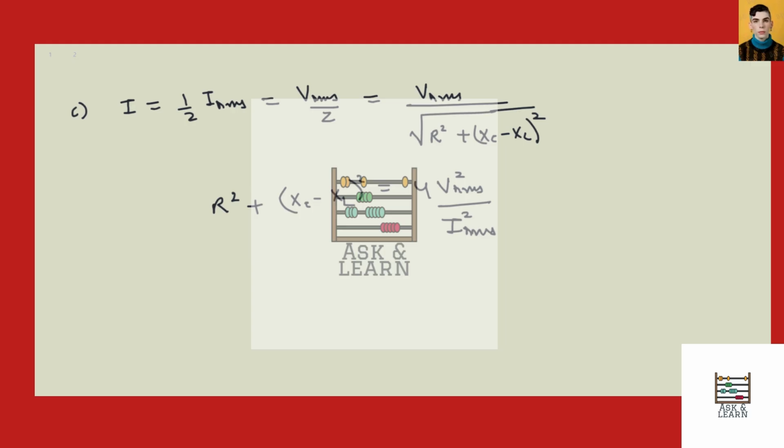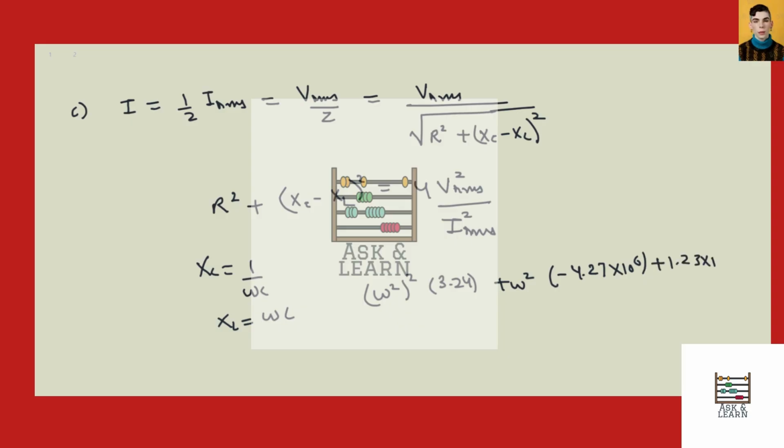This is our equation, and we can find the omega. We know that XC is equal to 1 over omega C and XL equals omega L. Putting all this, we can form a quadratic equation, and using this we found omega to the power 4 minus 4.27 into 10 raised to power 6 omega square plus 1.23 into 10 raised to power 12 equals 0.